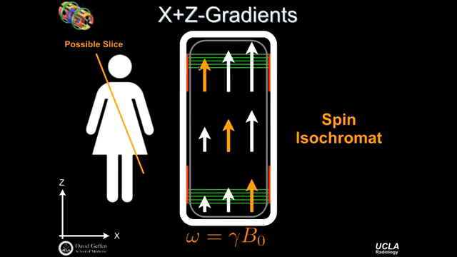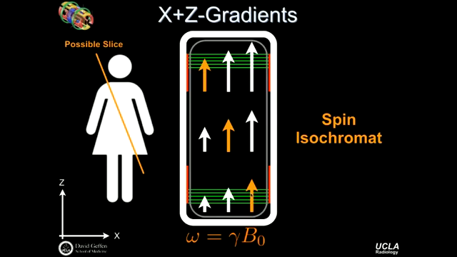We can start doing that along any arbitrary line, if you will, in 2D space, or any arbitrary plane in 3D space. And what that means is that for this particular example of using an X and a Z gradient together, I have a collection of spins shown here in orange that all have the same magnetic field exposure. It happens to be B0.